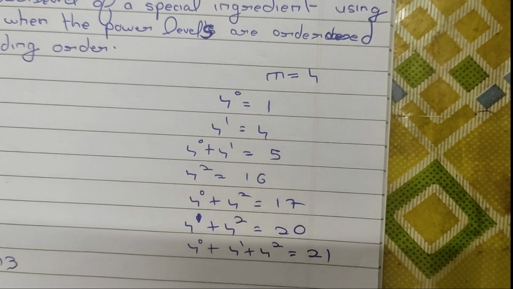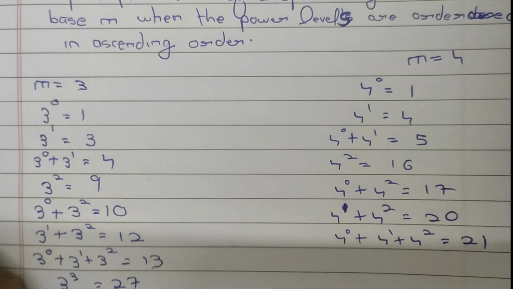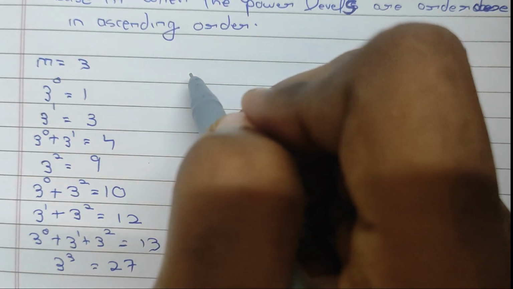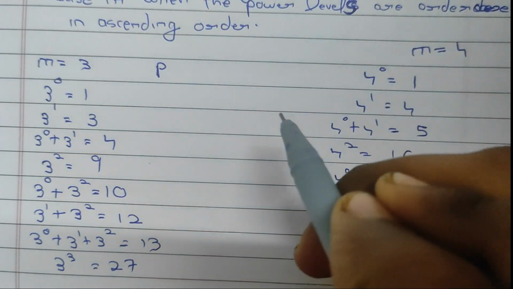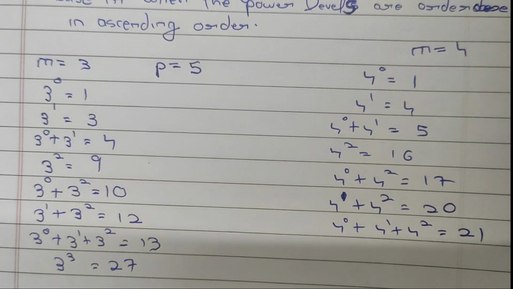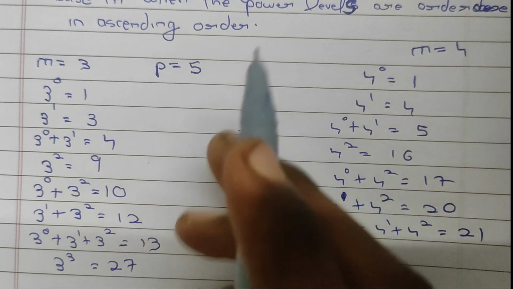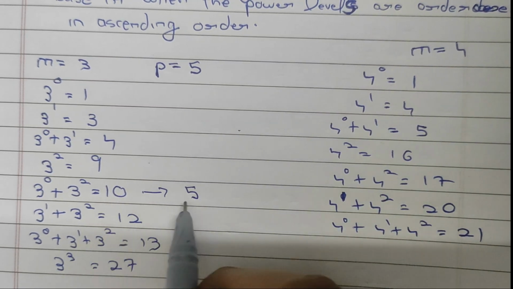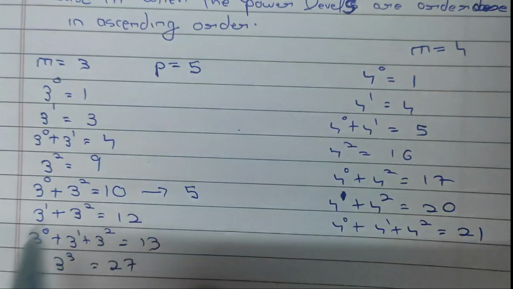The power levels will go on till infinity, but I have only written some of them. And suppose they give us a position p, and suppose p is equal to 5. Then we have to print the pth power level from these power levels that are ordered in ascending order. So the fifth power level is 10. This is the fifth power level, which is equal to 10 for m equal to 3.